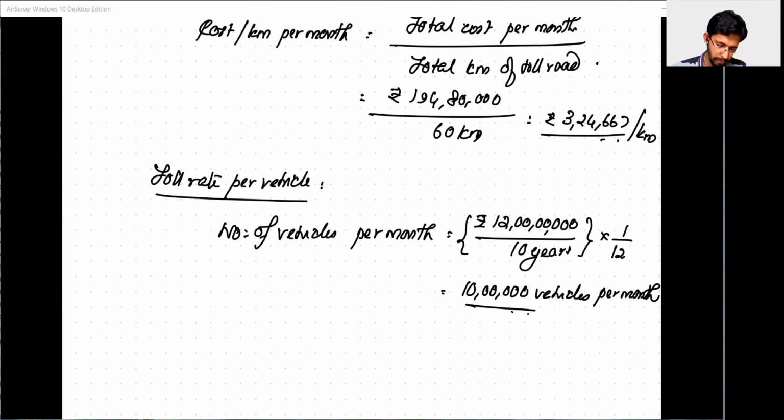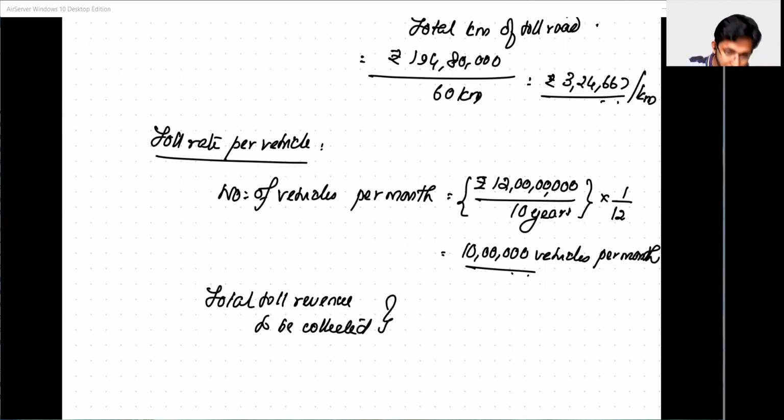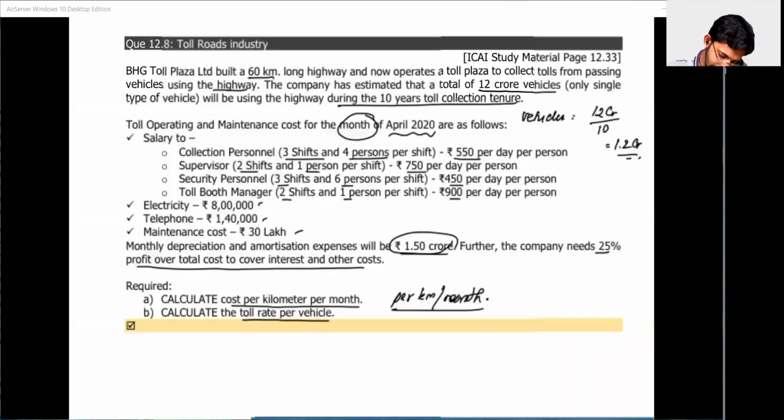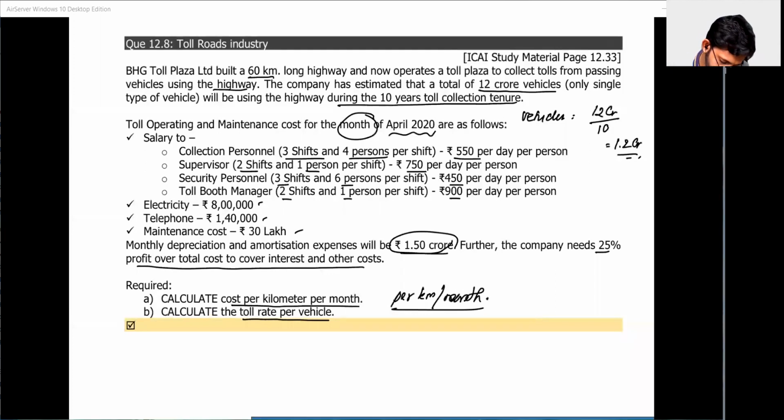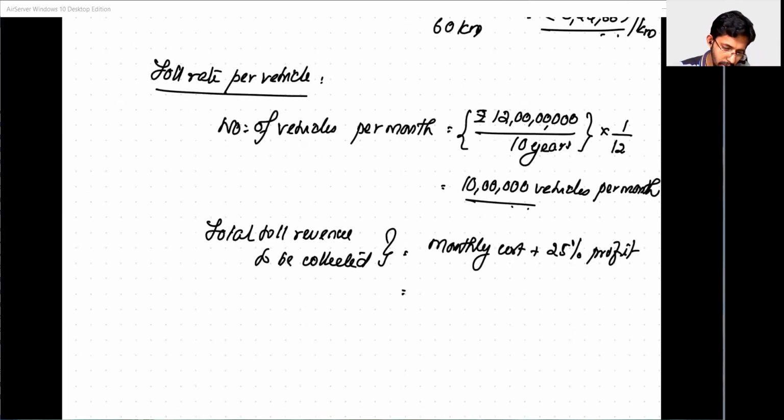Okay. So total toll revenue to be collected. What is total toll revenue to be collected? They say that the company needs 25% profit over total cost. So monthly cost plus 25% profit. What is monthly cost?